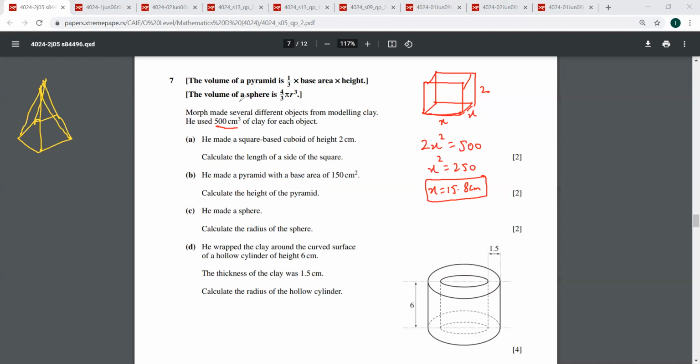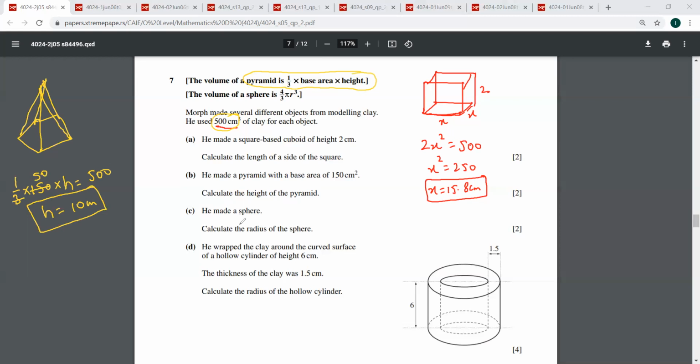We have the formula for the volume of a pyramid. So that is 1 over 3 times the base area, which is given to us as 150, into the height we have to find. That is equal to 500. So the h is going to be 10. This is found without even using a calculator.